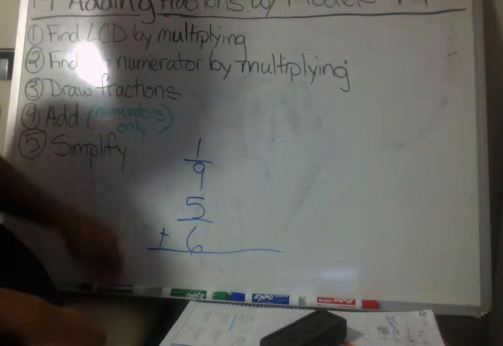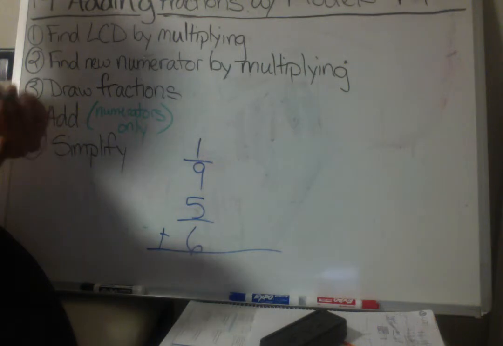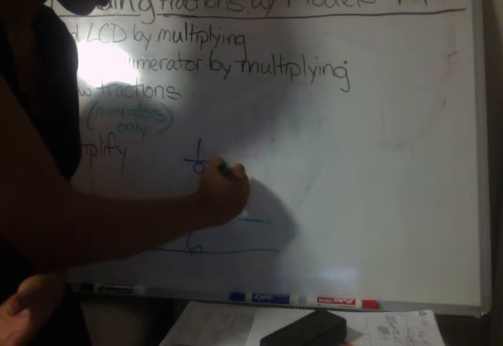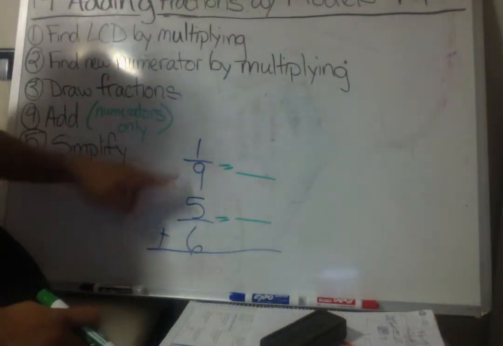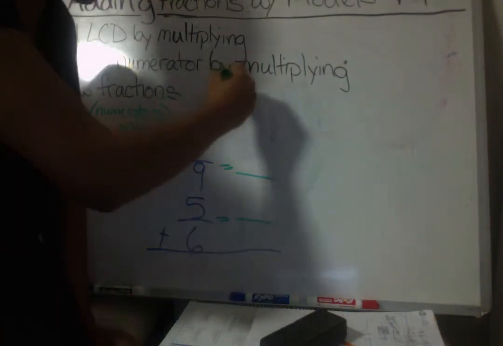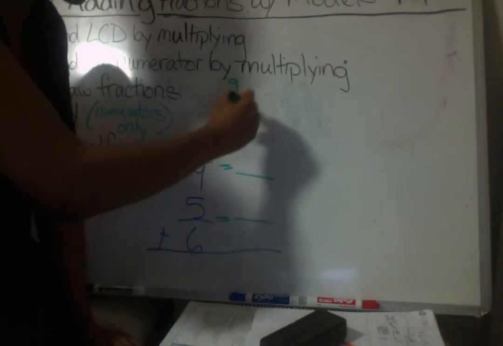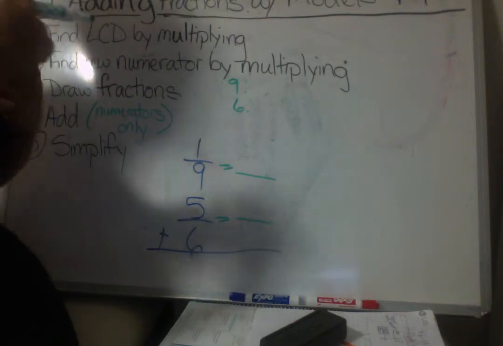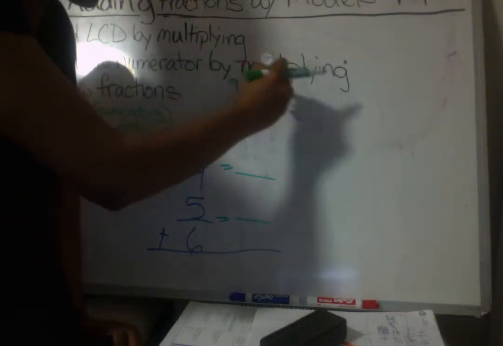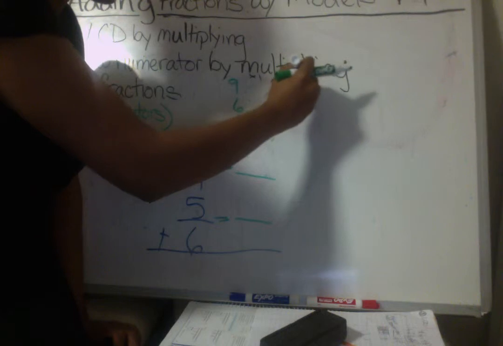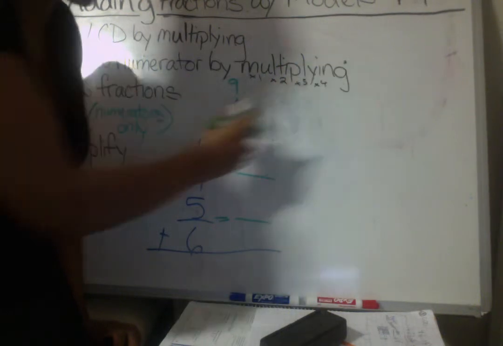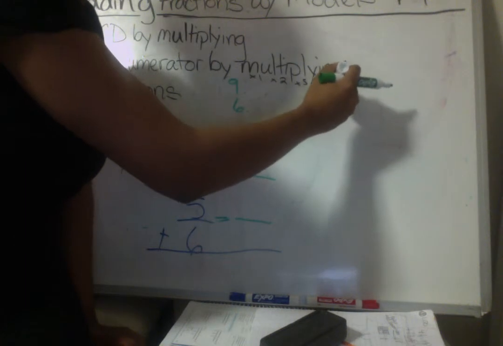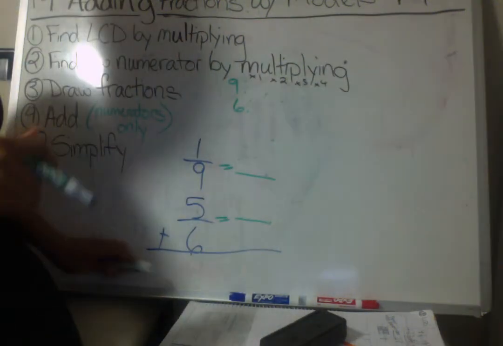First thing is you find your least common denominator. Start off with your denominators and list them. You have 9 and you have a 6. You start listing multiples. We are multiplying times 1, times 2, times 3, times 4. Let's see if we can stop there.